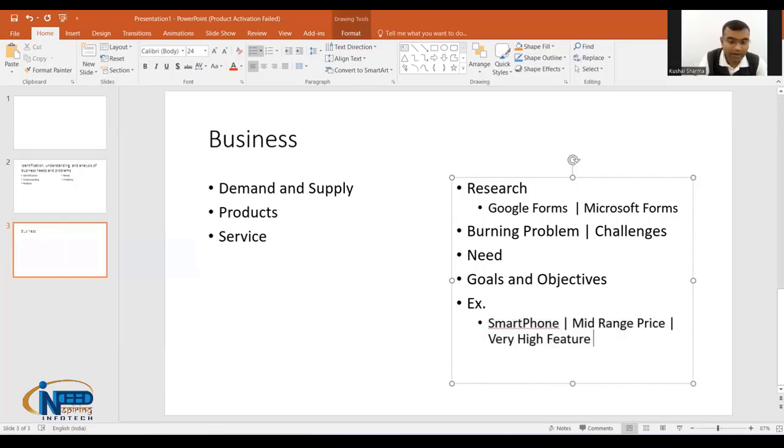Now, what happened when they launched it on the website of Flipkart? The website crashed. I think it was a 1 minute sale or something, and it crashed. Why? Because they just expected around 10,000 people.